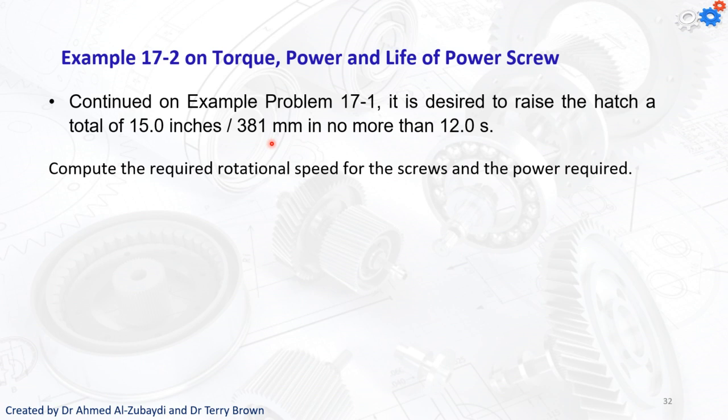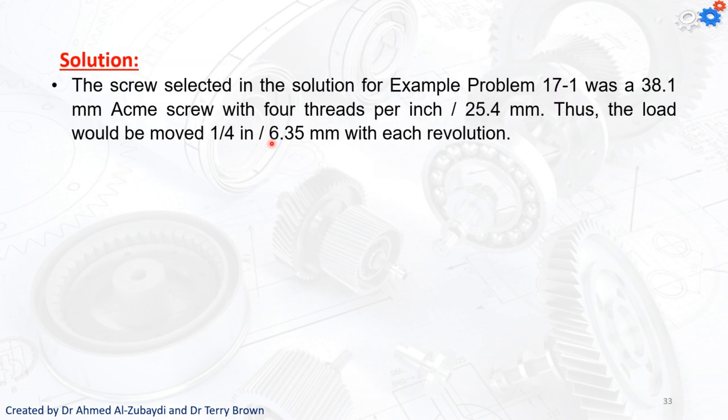Okay, so how can we find the velocity? Mainly, we are going to have a distance to be moved, and thus by using the pitch value, we can find how many revolutions per minute this screw will be moving. And thus I can find the omega by using the conversion equation.